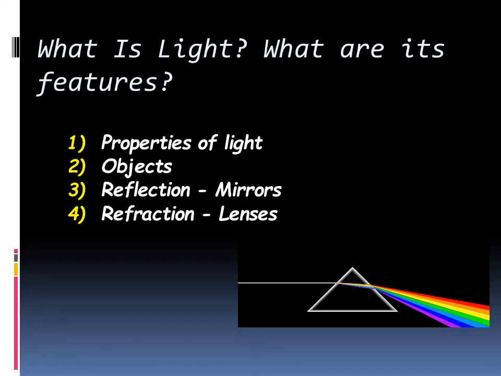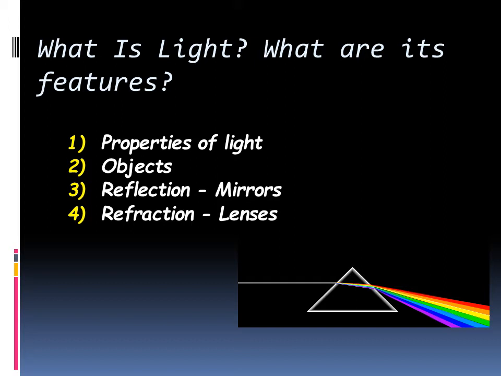So first of all, what do we have in mind: what is light, what are its features? Why can we see light? Why can we see the objects in the day but not in the night? There must be something why we can see the image in the mirror, and some images can be opposite, that is closer, or some words are inverted.